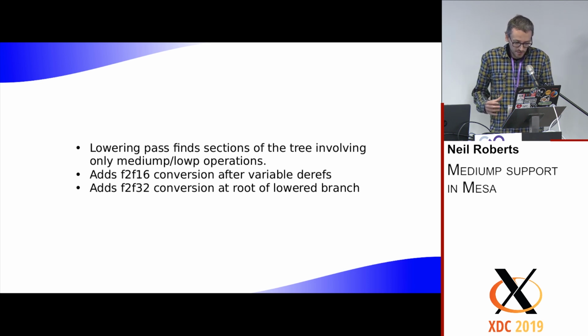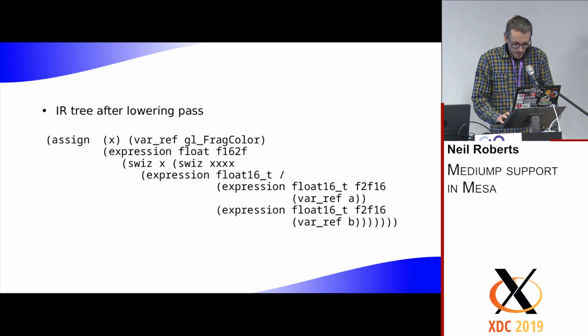When it finds a tree that it thinks it can lower, it goes to the root nodes with the variable dereferences, adds conversions to float 16, and at the end of the tree, it converts it back to float 32. So anything consuming this subsection of the tree can still consider it as float 32.